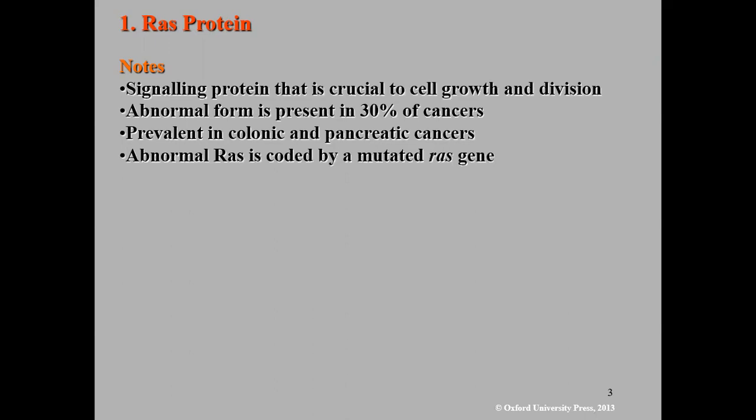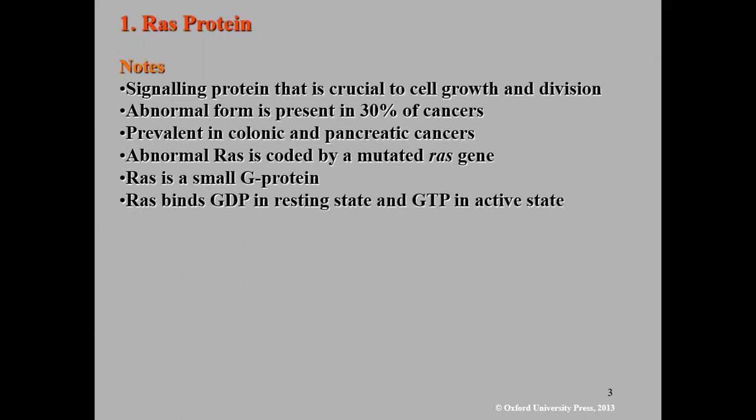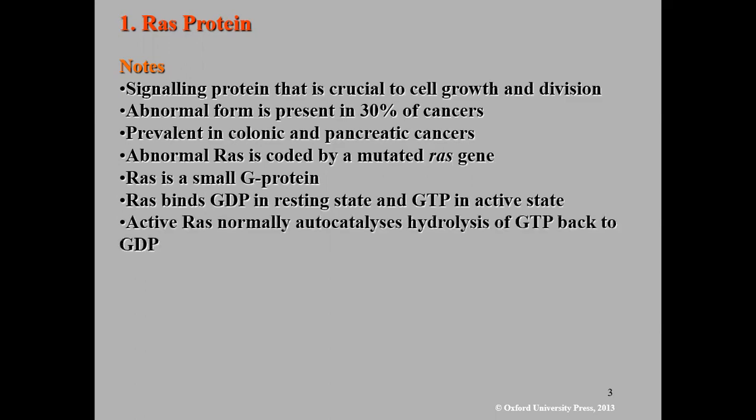The abnormal RAS is coded by a mutated RAS gene, or as you can call it, RAS oncogene in this case. RAS is a small G protein. It's a cellular protein, which means it's in the cytoplasm. RAS binds GDP in its resting state, and then binds GTP in the active state.